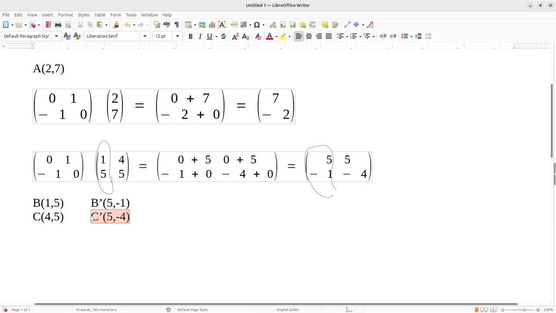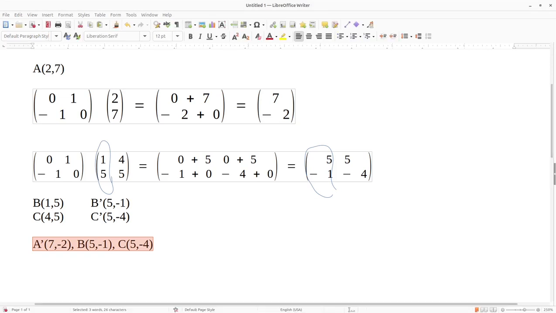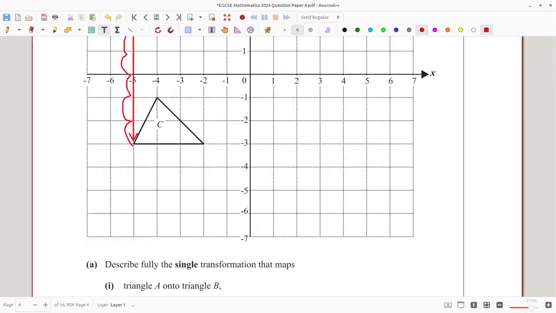Now let's try to combine all this. Let's go and plot this. Since it has a lot of negatives on the y, it means that it's in the fourth quadrant.